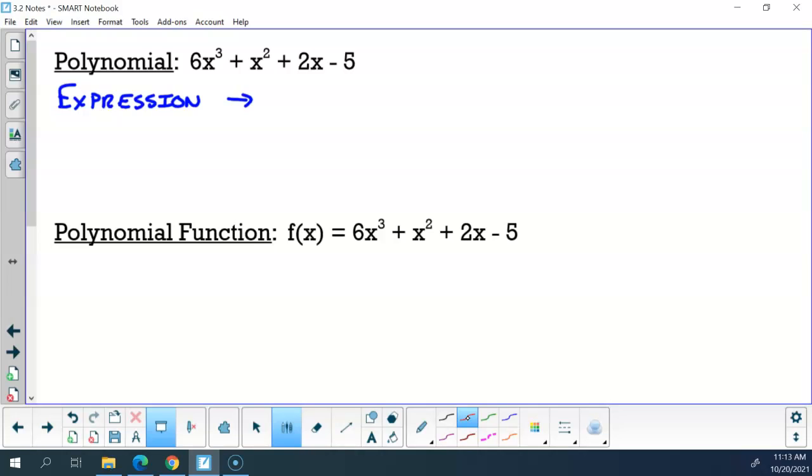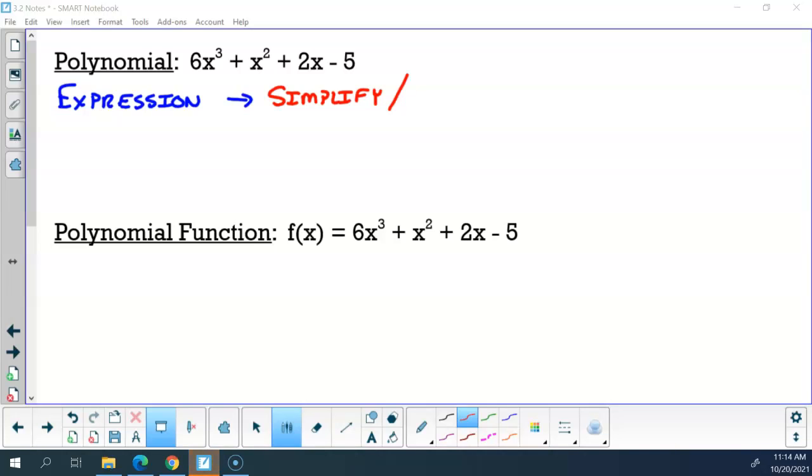We can simplify it. What else? See, it's an expression because it doesn't have an equal sign.